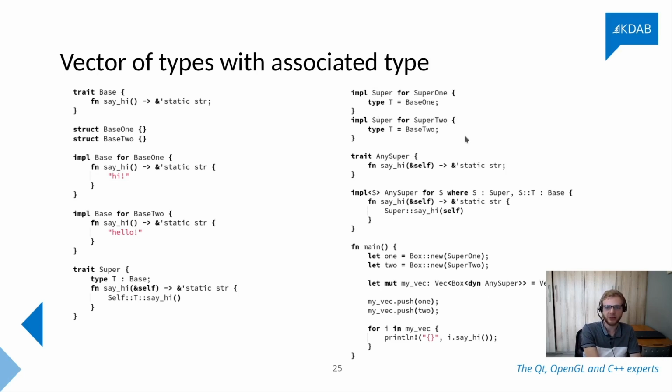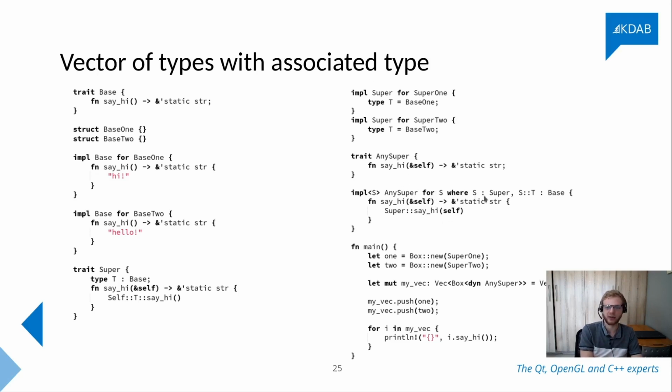This is something that I struggled a lot with, and I had to ask for some help. But I finally found out the way you can do what I wanted: you create a new trait, you can call it whatever you want. I called it AnySuper. Then you can have Rust automatically implement AnySuper for all the Supers that you have.